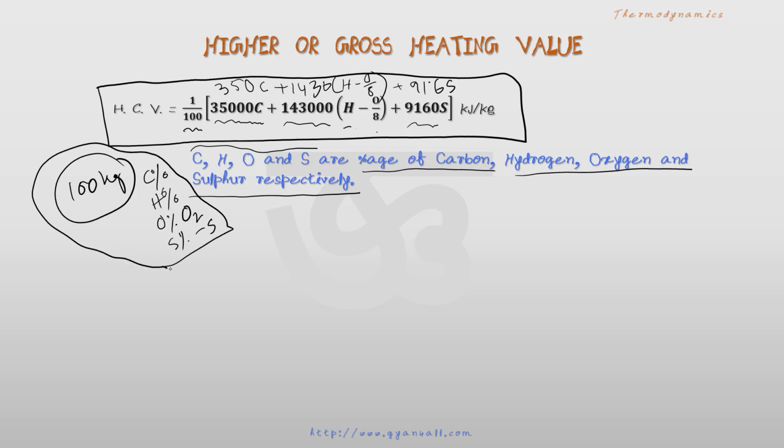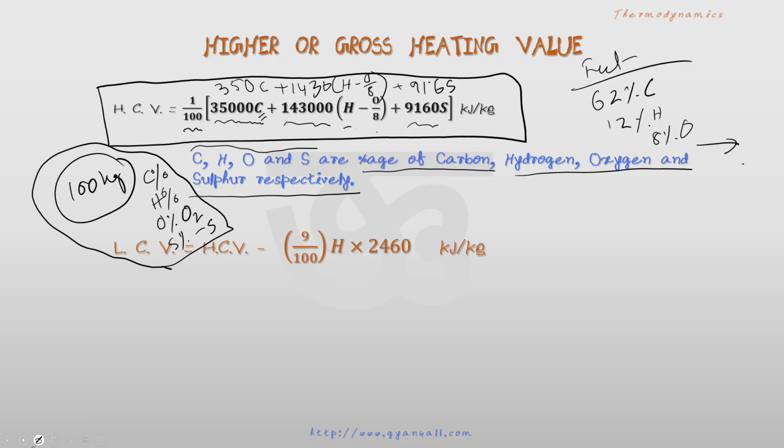And those values will be given. You simply have to put the values. For example, a particular fuel contains, say, 62% carbon, 12% hydrogen, just an arbitrary value, 8% oxygen, and the rest is sulfur.